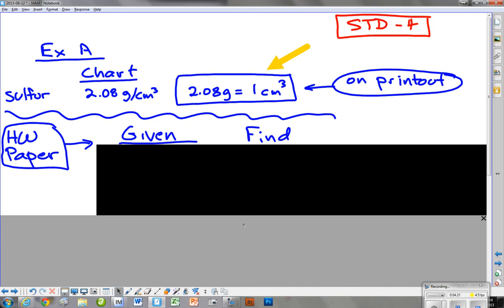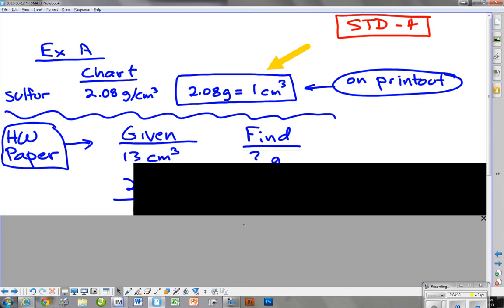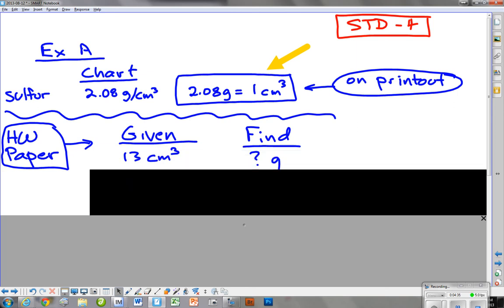What is the given amount? 13 what? Yes, 13 cubic centimeters. And we are supposed to find whatever the other one is. So if we're given 13 cubic centimeters, they have to ask us for the grams.